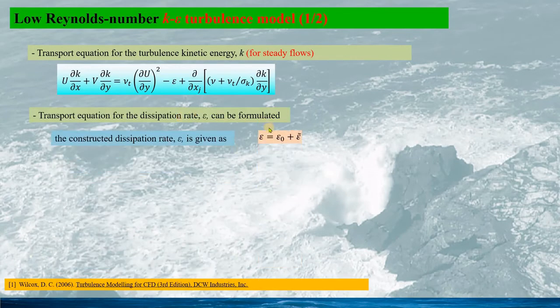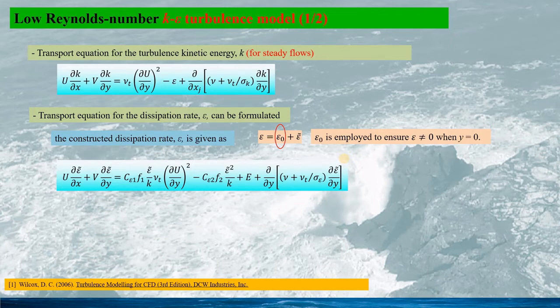And the transport equation for the dissipation rate epsilon can be formulated using the constructed dissipation rate epsilon tilde as this. Here, epsilon 0 is employed to ensure epsilon would not be 0 when y approaches 0, that is, near the solid wall.